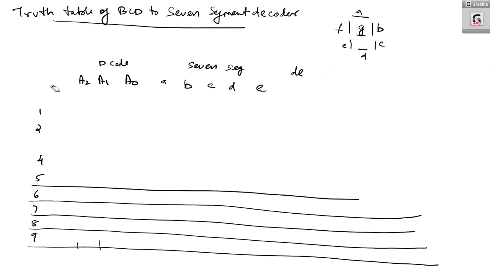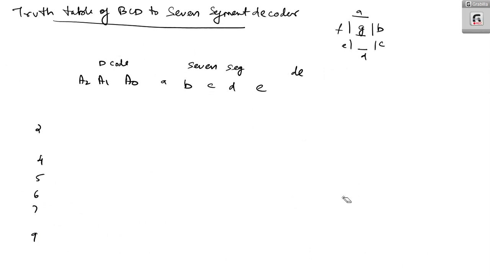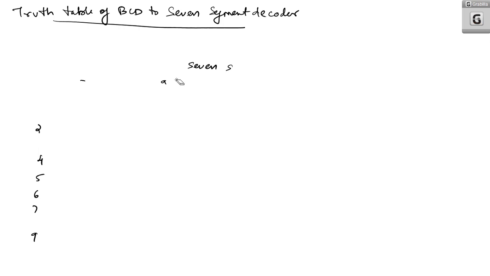There was an entire mistake which happened. Let me clear it first. Sorry for the mistake. Now let me take it like this. Decimal number here.